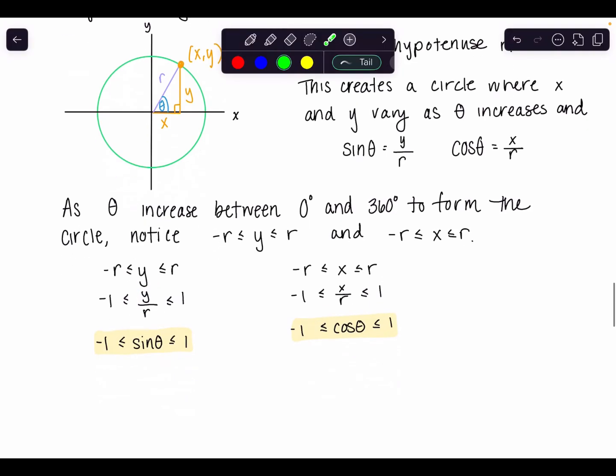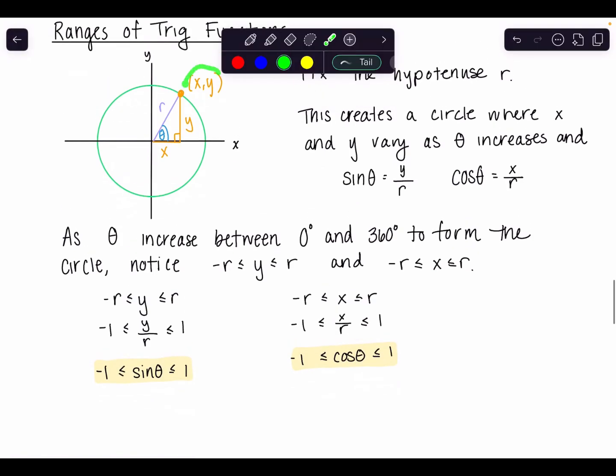But now when it comes to our other trig functions, it's a little more complicated. Since x and y can really be anything on this circle, there's no telling how small or big their ratio is. Because again, if you think about those quadrant angles, for some values it's 0, for some values it's undefined.